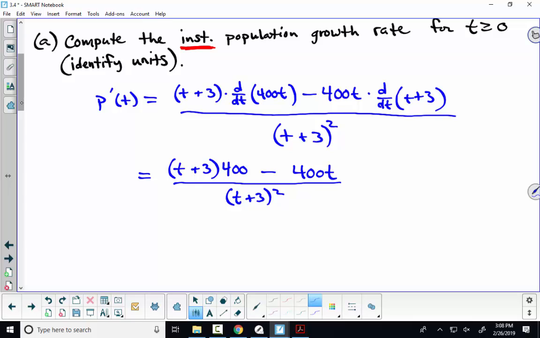So what happens here? Distribute the 400: 400t minus 400t plus 3 times 400. So the top just simplifies to 1200 all over t plus 3 squared.